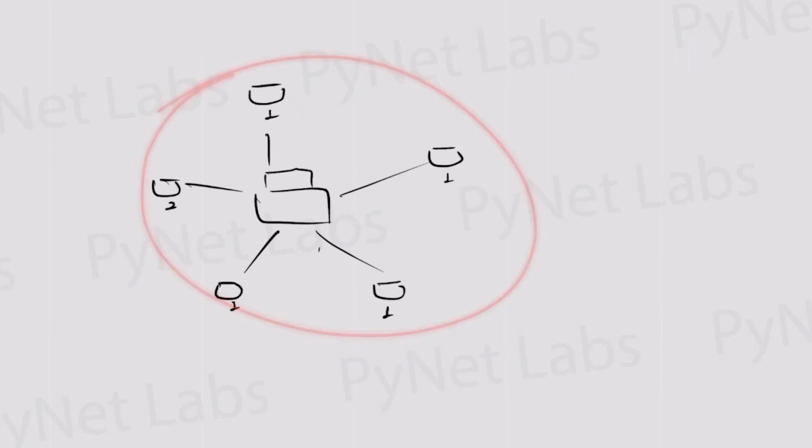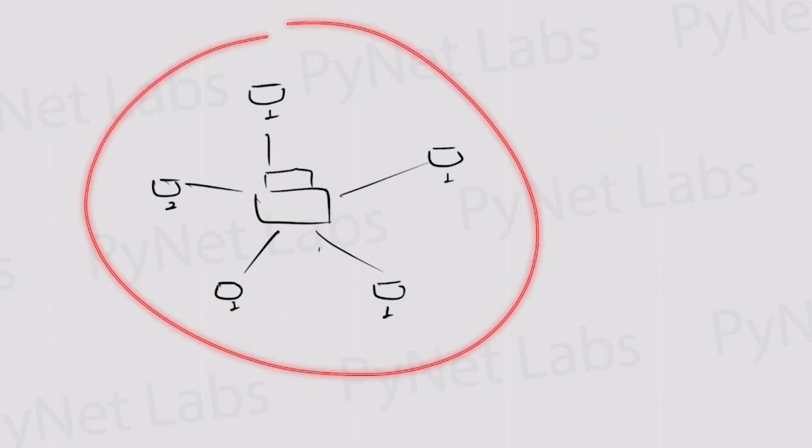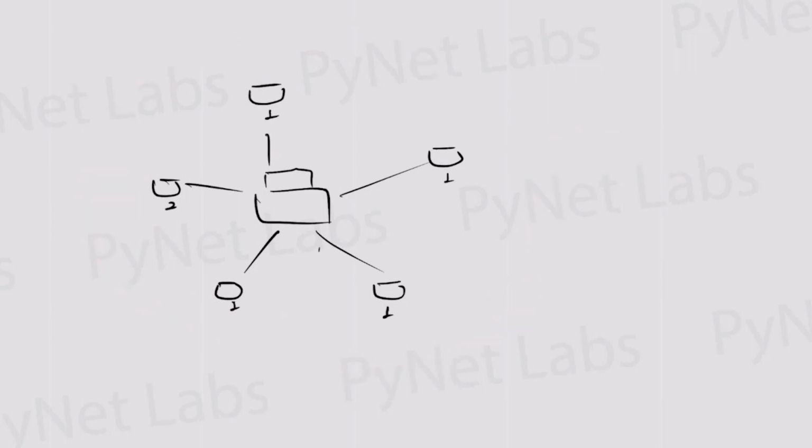So that's a setup where we have around 5 workstations and there is only a single device which can print out the papers, right? So in order to send the print commands from all the 5 devices, I need a communication between all the 6 devices, so that these PCs can send the print command to the printer. And whenever there is sharing, like I mentioned, there is a requirement of networking. So here we need networking. We need these devices to communicate with each other so that they all can share the resource of this printer.